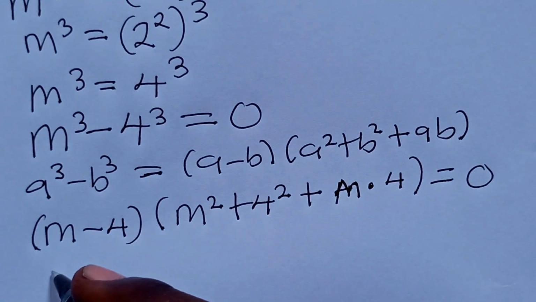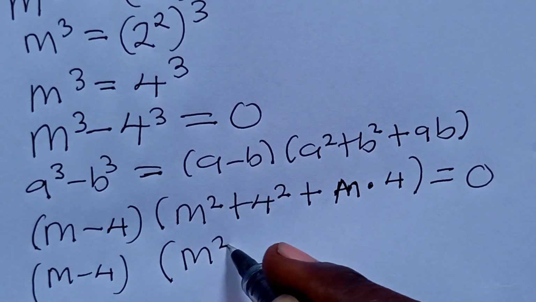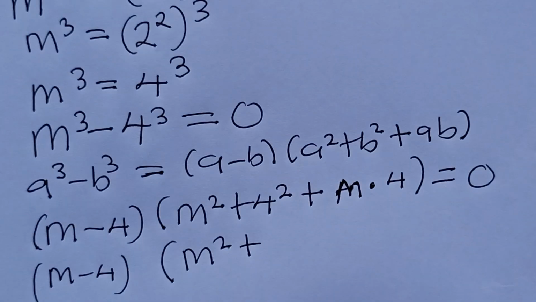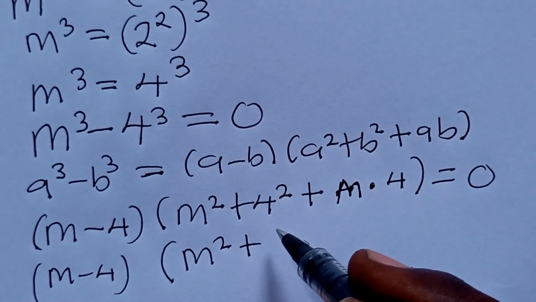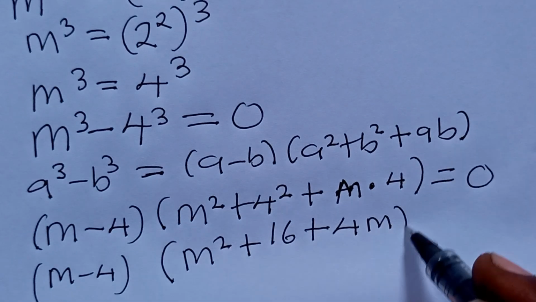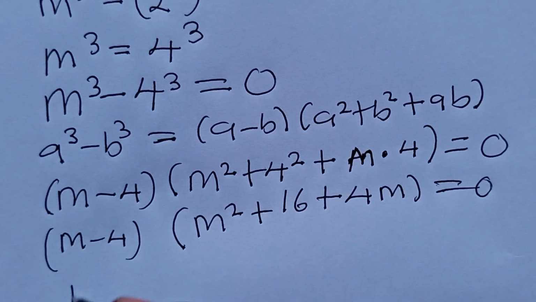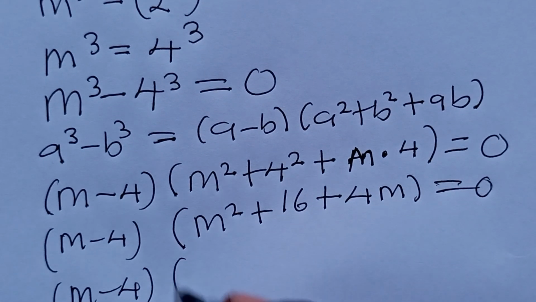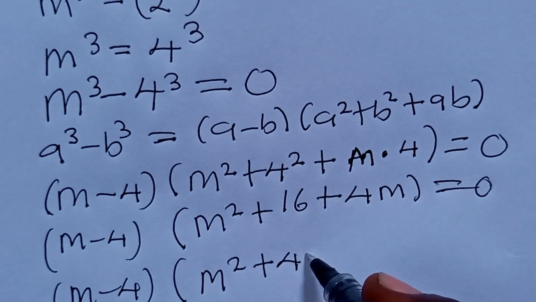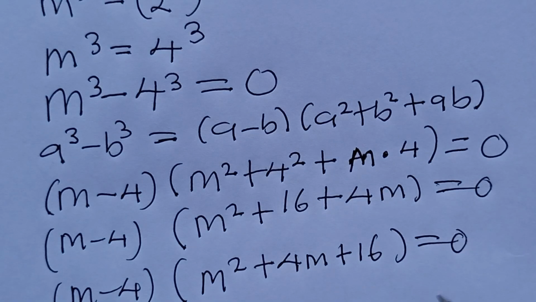So this is going to be the same thing as m minus 4 into m squared plus 16 plus 4m equals 0. So this is what we have: m minus 4 into m squared plus 4m plus 16 equals 0.